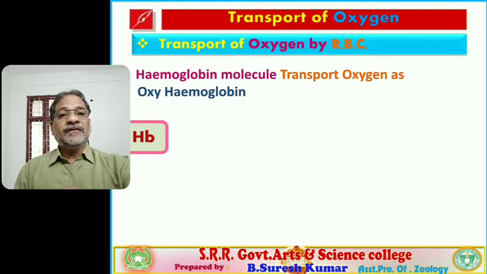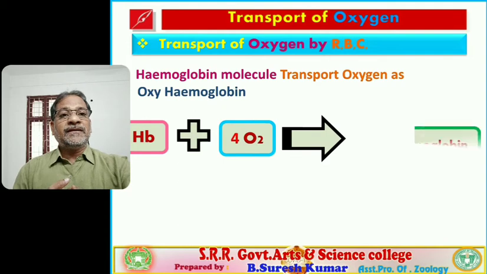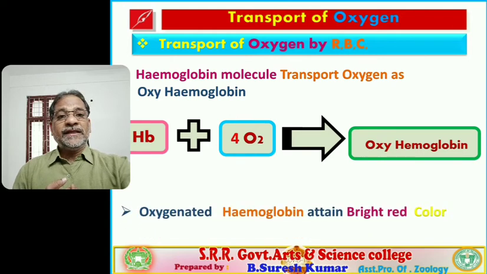So you observe this representation, the hemoglobin molecule is capable of reacting with oxygen, shows affinity with oxygen. So the hemoglobin molecule combines with 4 oxygen molecules and then becomes oxyhemoglobin, HbO8 molecule. So now the blood is termed pure blood, oxygenated blood.